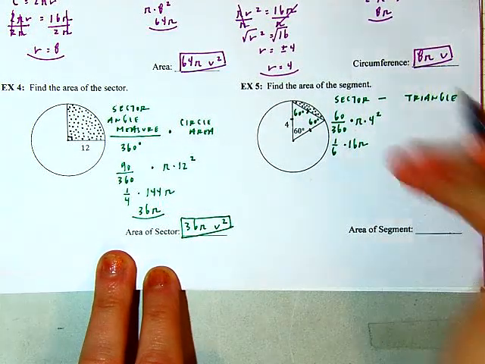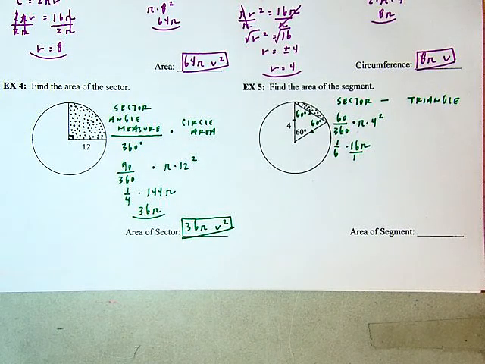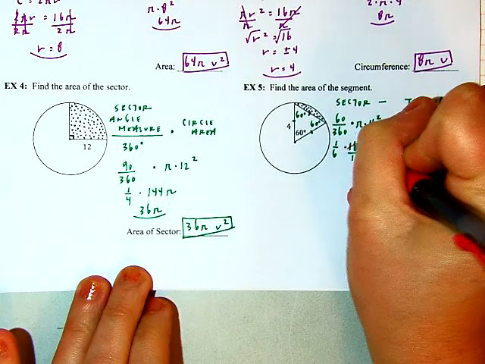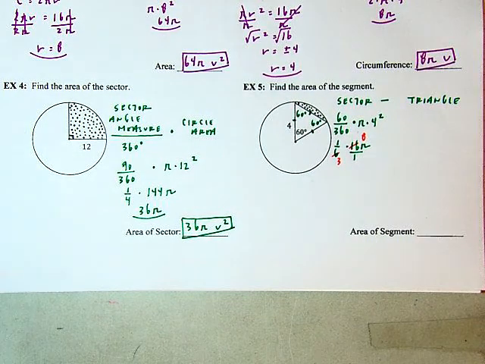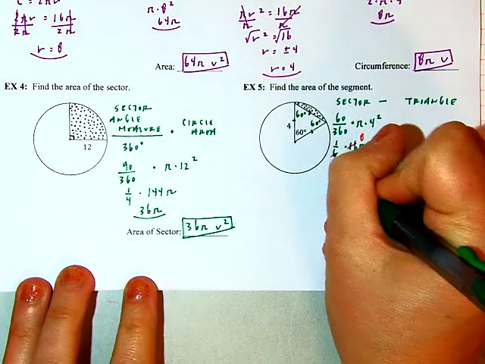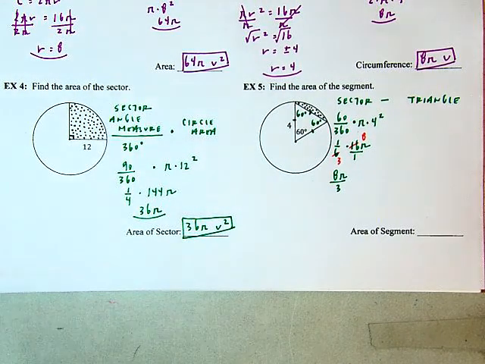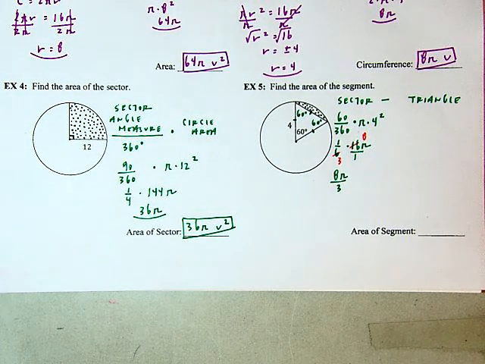If I picture that 16 pi over 1 and reduce, 16 and 6 are both divisible by 2. That would be like 8 and 3, just like that. So I have 8 pi over 3 units squared would be the sector, and then I have to take out that triangle.